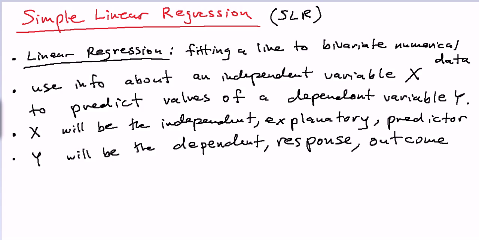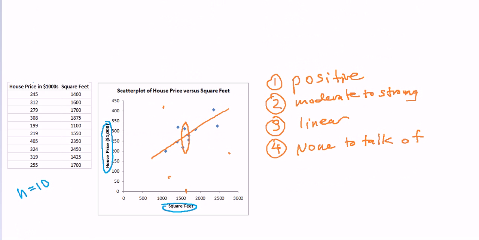In the meantime, let's look at one of those scatter plots that we saw earlier. Basically what we're asking here is, does the scatter plot exhibit any kind of linear pattern? We had this data set concerning how much a house sold for and how big the house was in square feet.